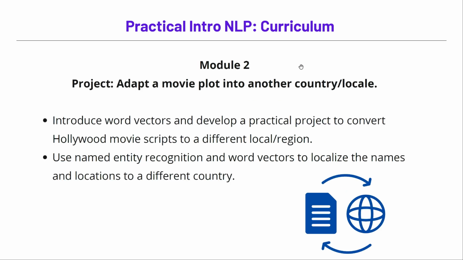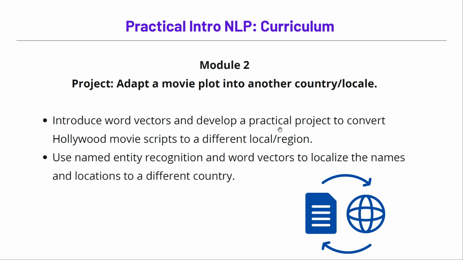And the module 2 project involves adapting a movie plot into another country or locale. Simply what that means is that a lot of times movies are dubbed into another language. For example, a Hollywood movie in English could be dubbed into Hindi, a Bollywood movie.